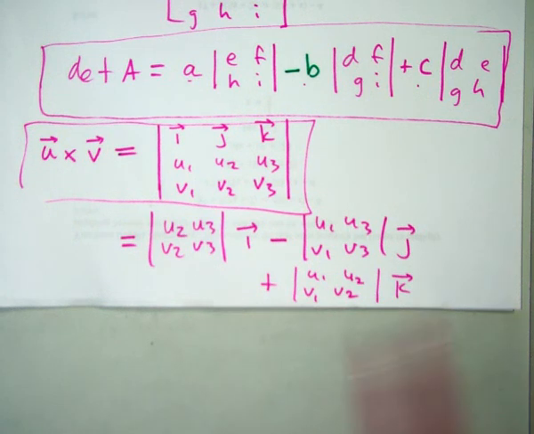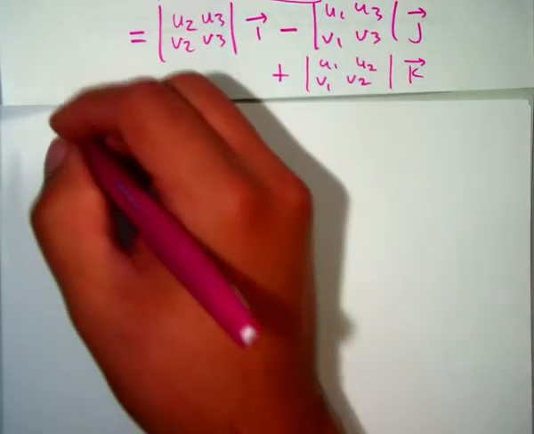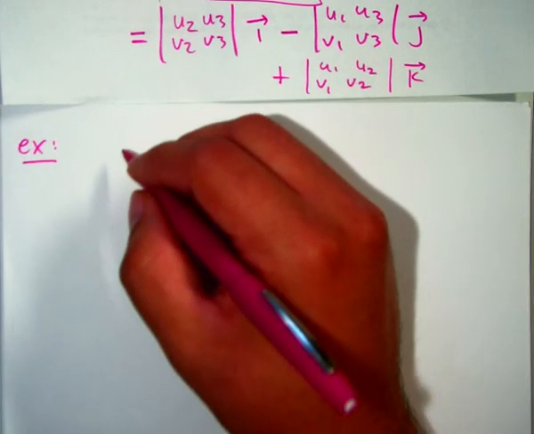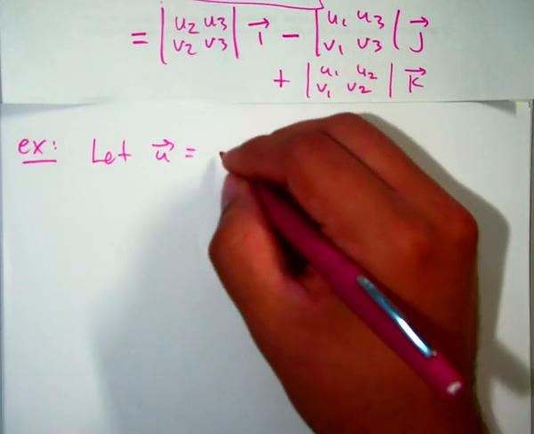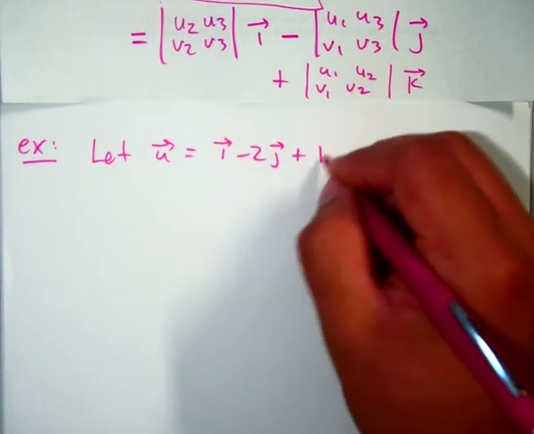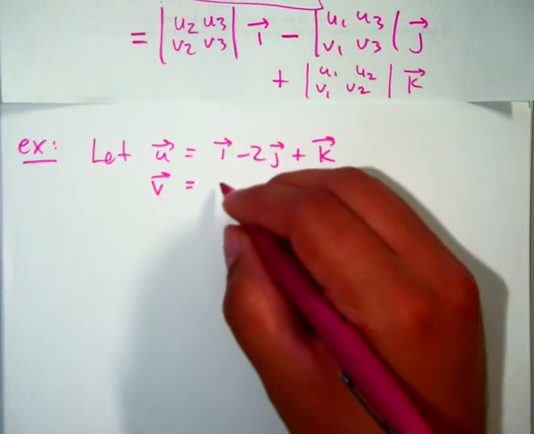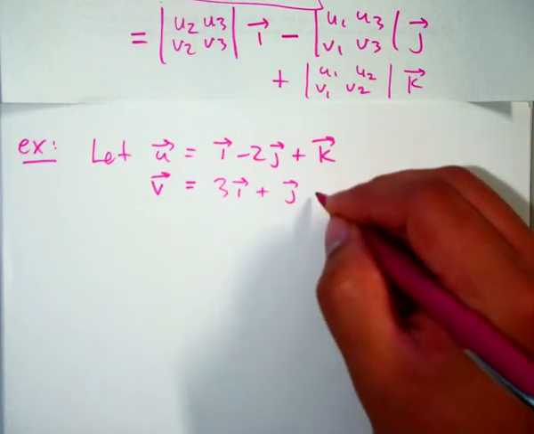Okay. Now, here's what I want you guys to try out, just to get used to this. Let's let U equal I minus 2J plus K. And let's let V equal 3I plus J minus 2K.